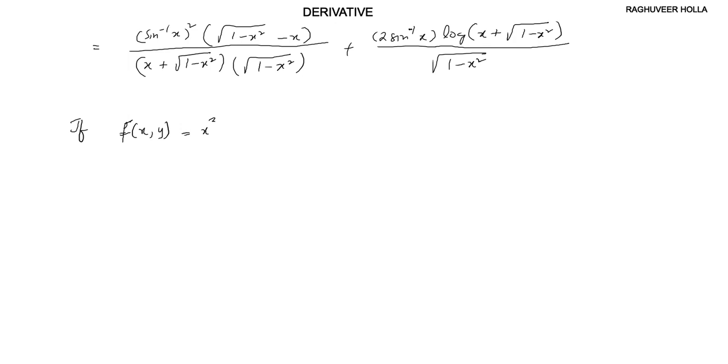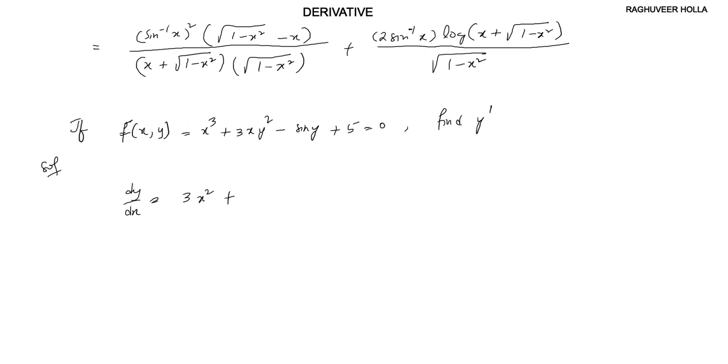So if f of (x comma y) is x cubed plus 3x y square minus sine y plus 5 is equal to 0, let us find what is y dash. Okay, solution for this.